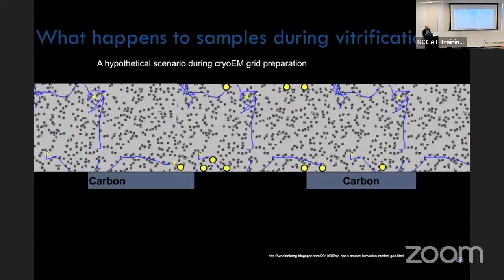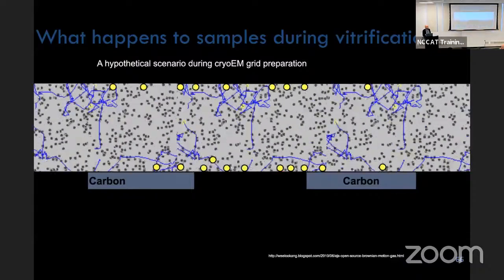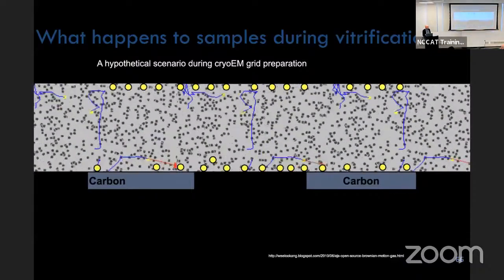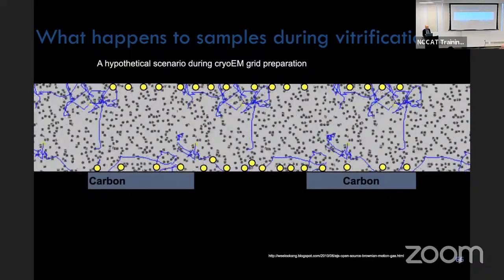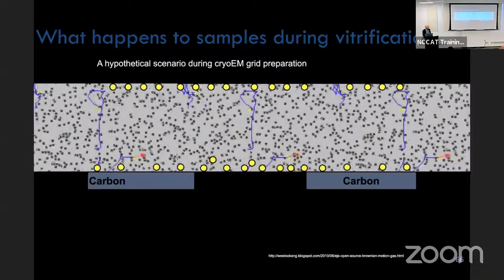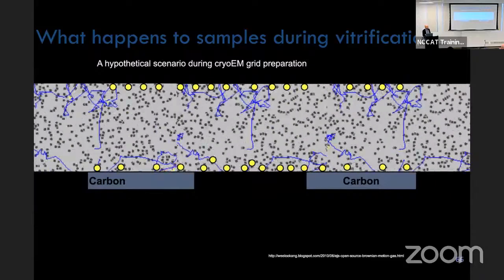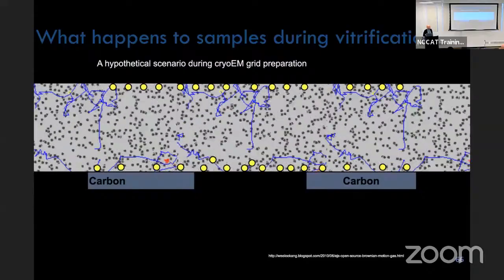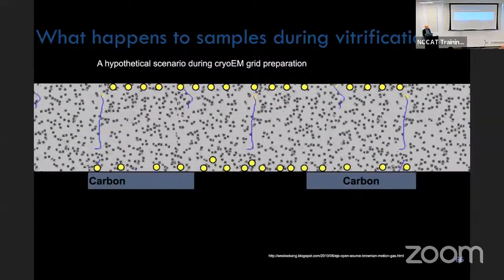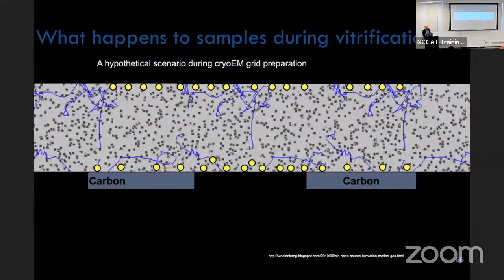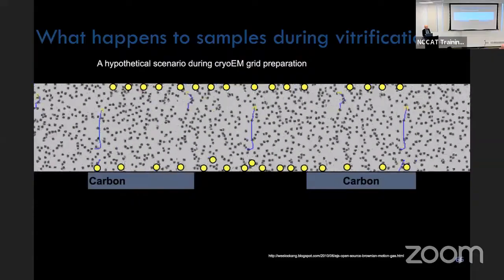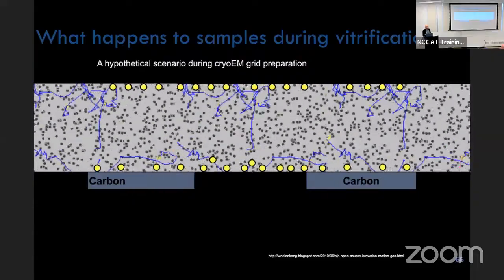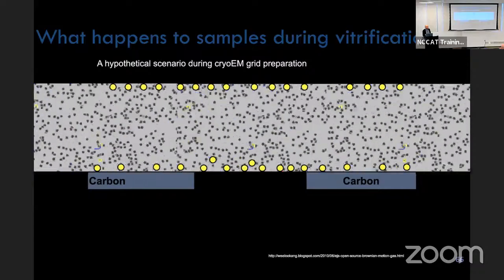And what that ends up doing is it introduces interfaces. There was a question yesterday about air-water interfaces. Even if you were able to apply your sample immediately before the 1 millisecond that it takes to freeze in liquid ethane or liquid propane, there is enough energy that a particular molecule in solution will encounter the air-water interface multiple times.